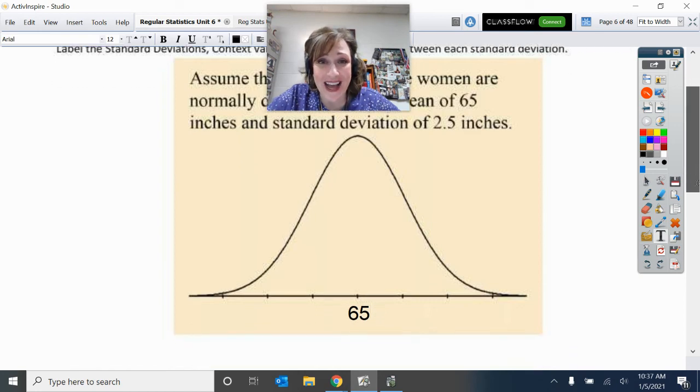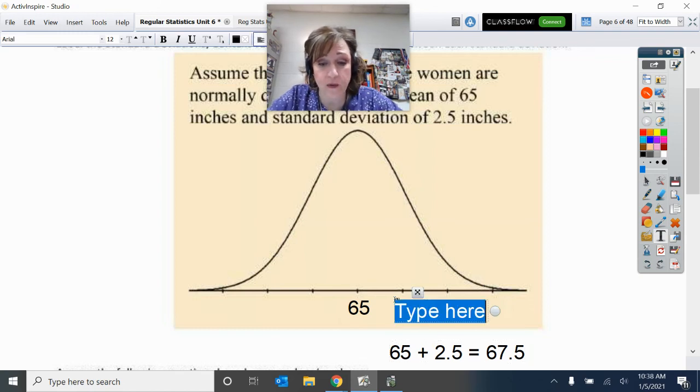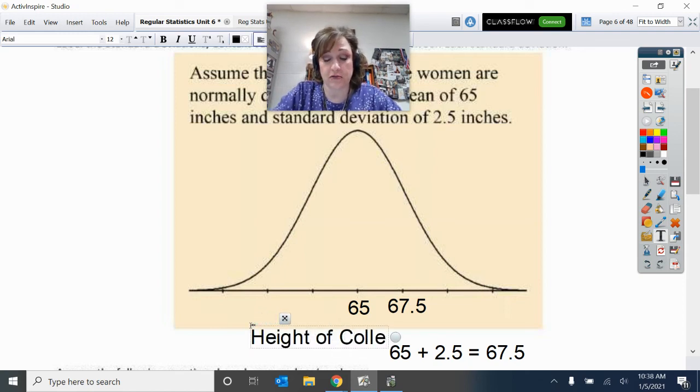So, what height of a woman is if she is 1 standard deviation above the mean? Well, I get that from doing 65 plus 2.5, and that's 67.5. Right? So, that is what the height of a college woman is right here. So, are these inches? Yeah. So, these are the height of college women in inches.